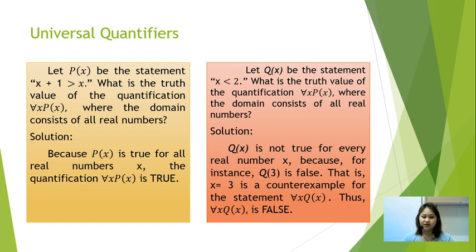So sabi po doon, Q of 3 is false because if you already set values greater than 2 like 3, 4, 5, 6, the truth value will be false, the statement will not be correct anymore. Kasi ang 3, 4, 5, 6, and so on, higher numbers higher than 2, so yun nga, it's not less than kasi it's already higher or greater than 2. That's why the truth value is false.